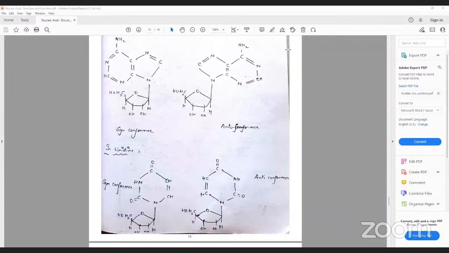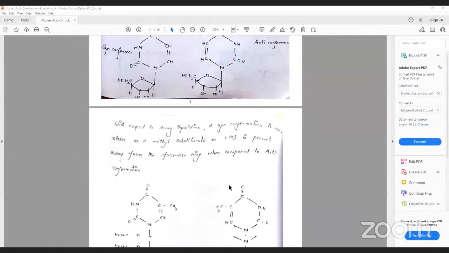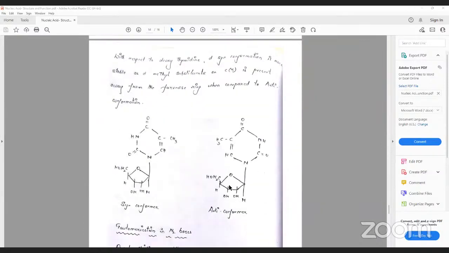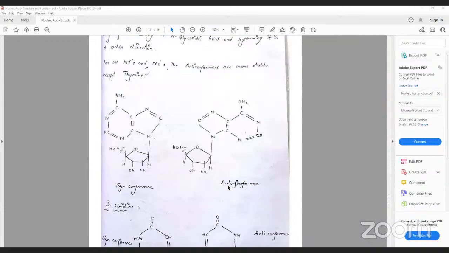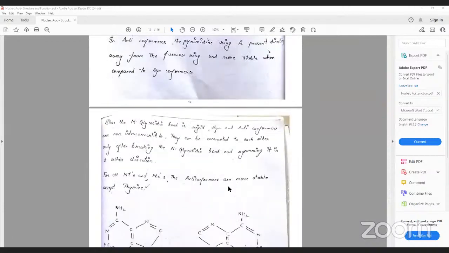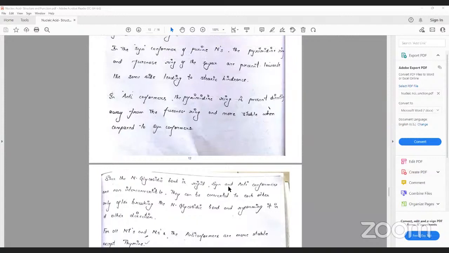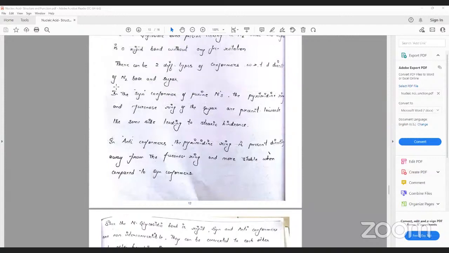So for purine, the syn conformer of the purine nucleosides.